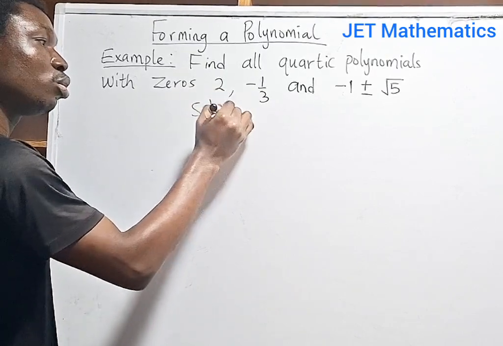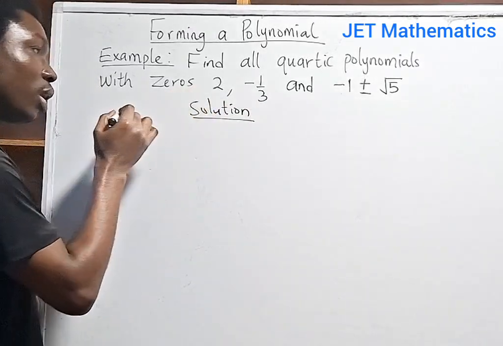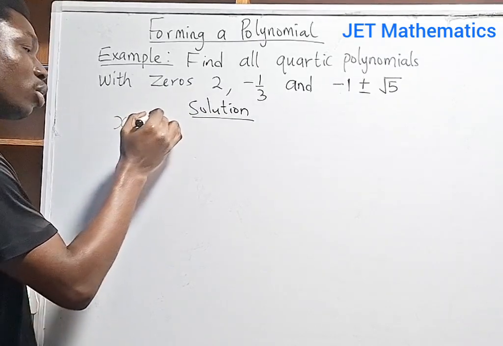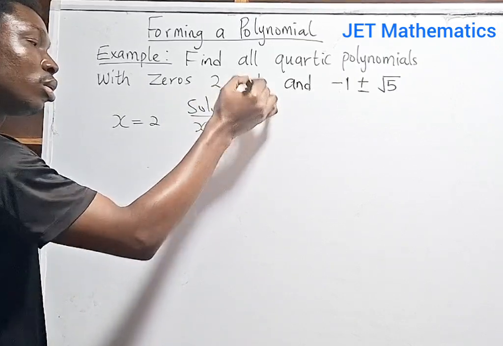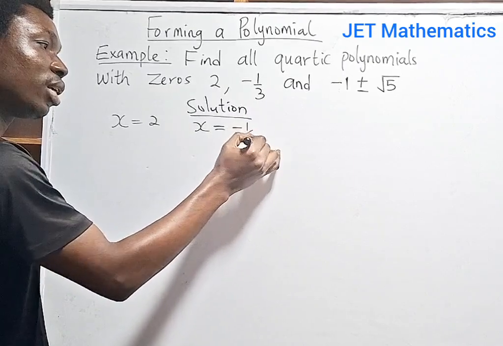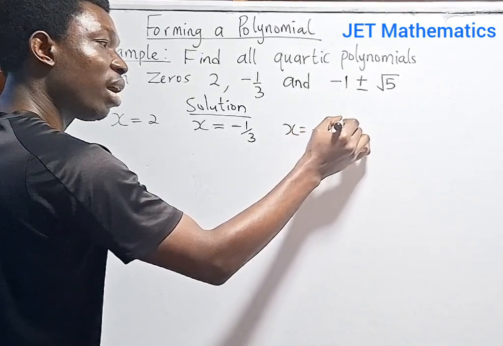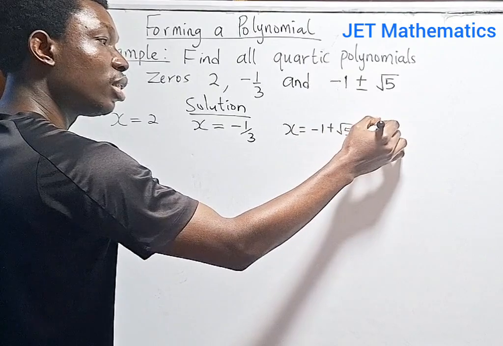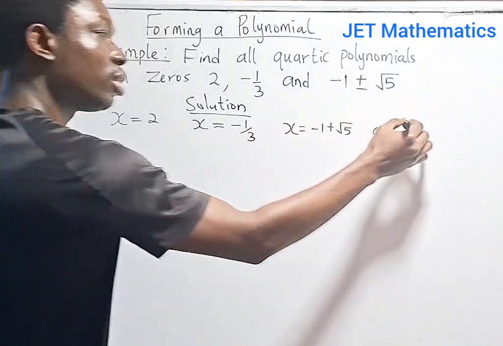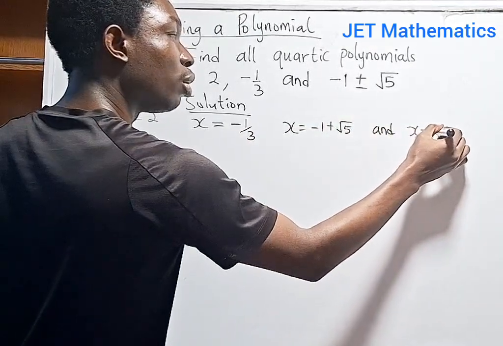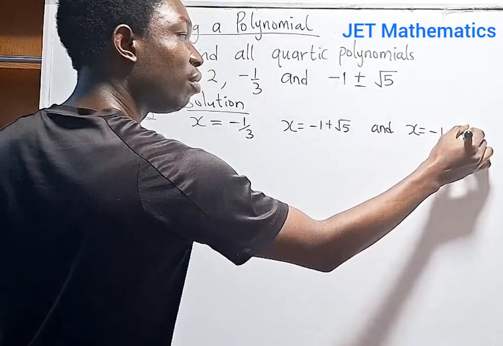Solution. The polynomial is in x, so the roots are: x equals 2, then x is equal to minus 1 over 3, x again is equal to minus 1 plus root 5, and then x again is equal to minus 1 minus root 5.